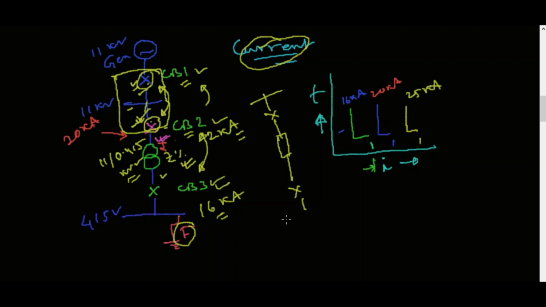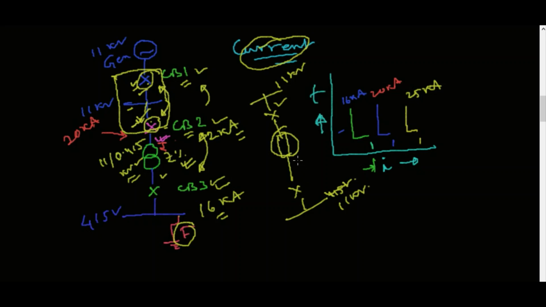So if there is any considerable amount of impedance in between, suppose there is a cable between two circuit breakers, and this 415 volt switchboard is far away from this 11 kV switchboard and connected by this cable, then the cable has its own impedance.